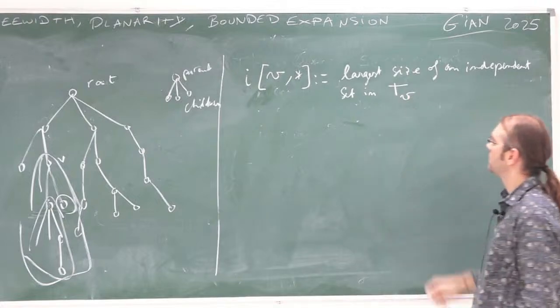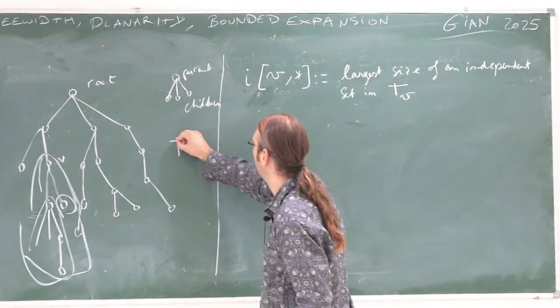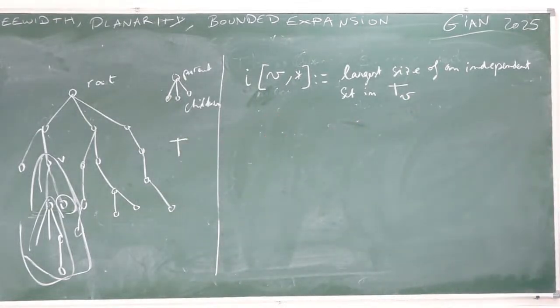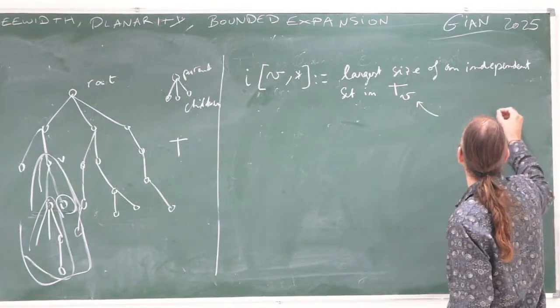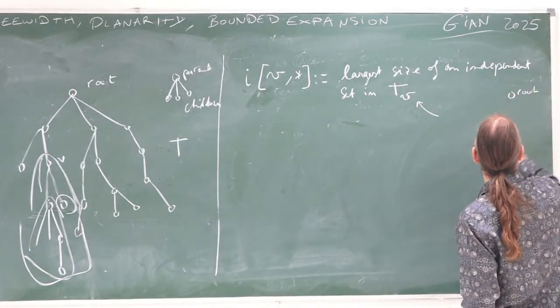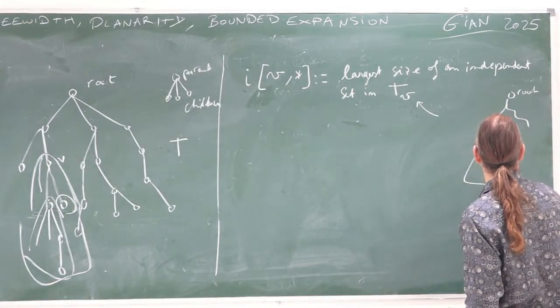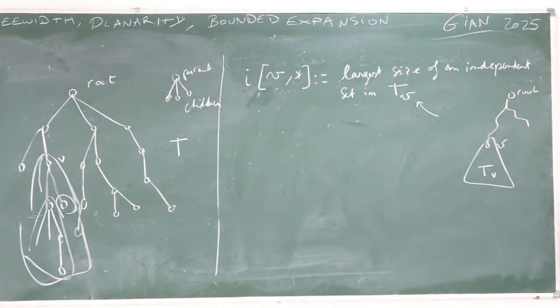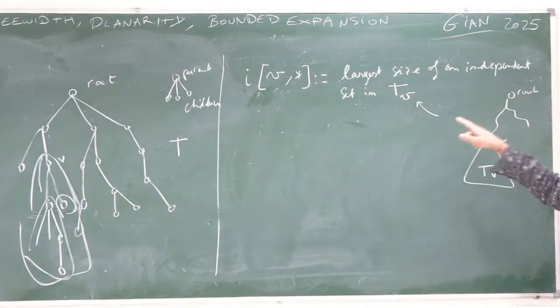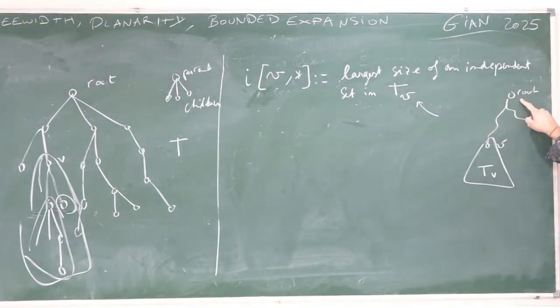What is TV? My tree I am calling T. TV is the subtree rooted at V. This is root. This is TV. Alright, so obviously what I'm looking for is to try to compute in the end I of root star. If I know the function for root, this will be the whole independent set of the tree.